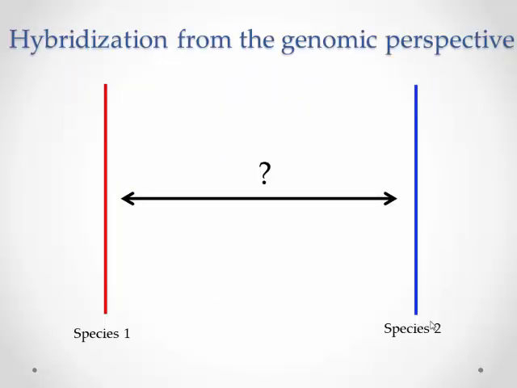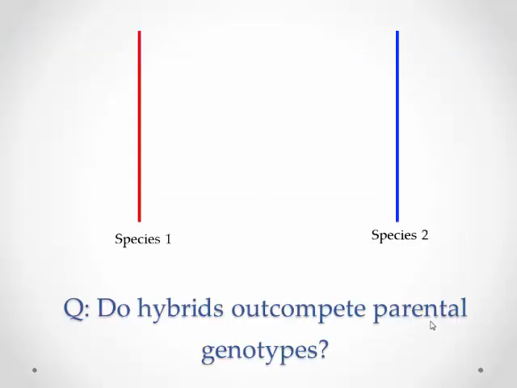So from a genomic perspective, what is hybridization? Here I've represented the sum of all the genetic material as one line. But you can think of it as like the chromosomes. We can ask, and we are asking for this project, do hybrid genotypes outcompete parental genotypes?